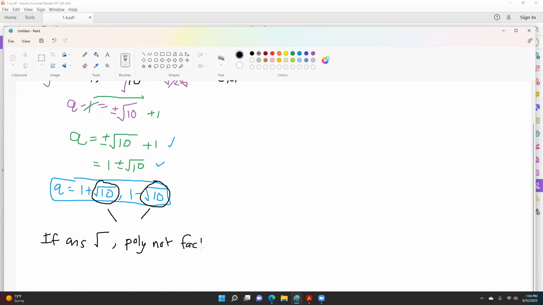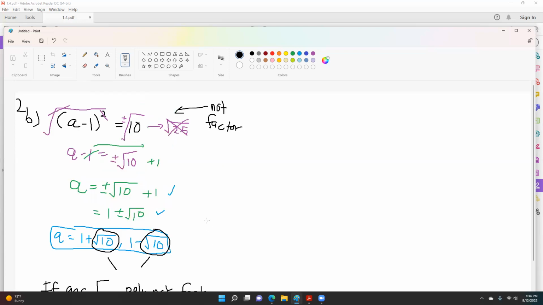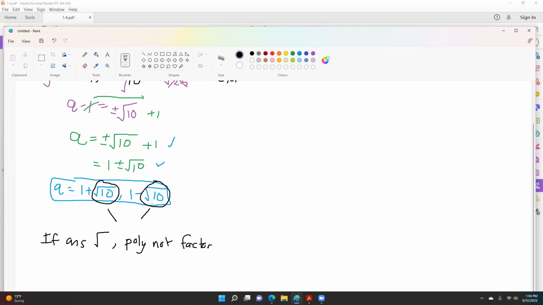So this is the reason why we cannot do the first method, the factoring method, here. The reason is that your answer here has a square root.